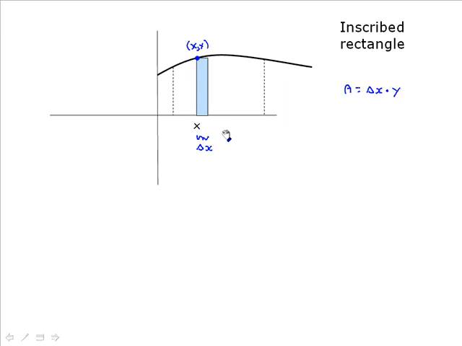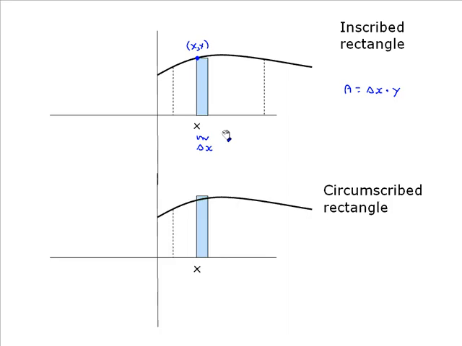And then, if we were to look at the other style, which is the circumscribed rectangle, it's a little bit off there, but I'll fudge it by putting it in there. This is still delta x for the width, but for this new point, the x coordinate is x plus delta x. The y coordinate is then going to be y plus delta y.